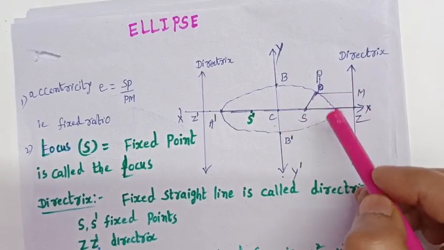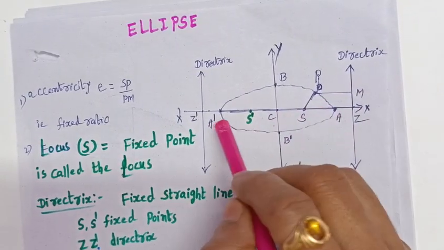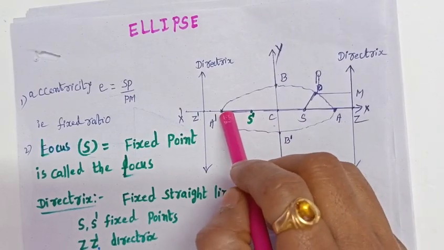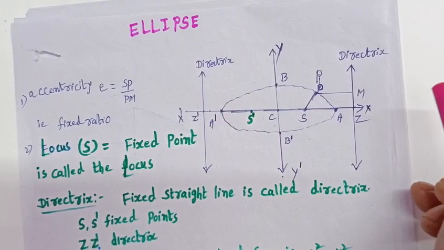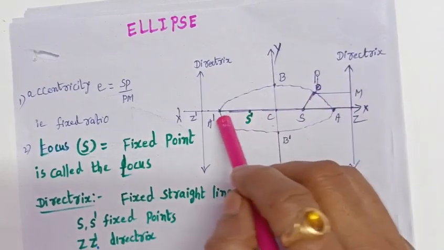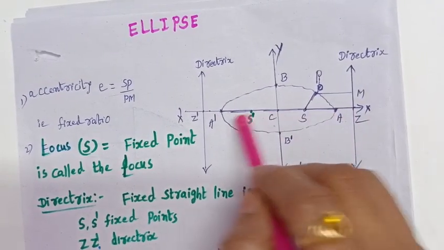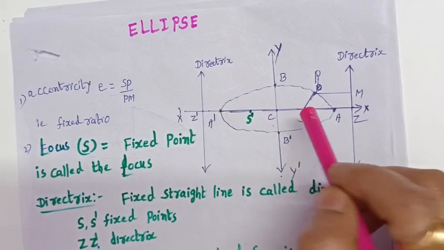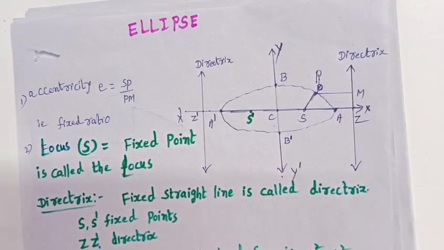In the ellipse, A dash A is called the length of the major axis. This is the major axis.